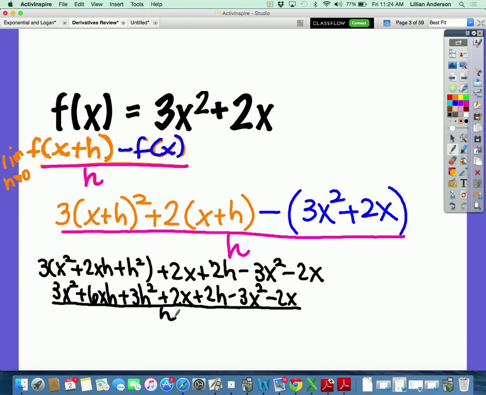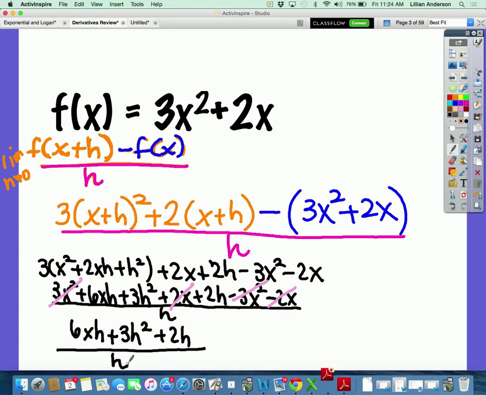Everything that does not have an h in it should cancel out if we did everything correctly. If it doesn't, then we didn't, okay? So, what cancels out? 3x squared and a negative 3x squared and 2x. All that. Let's cancel out. So I'm left with 6xh plus 3h squared plus 2h all over h.